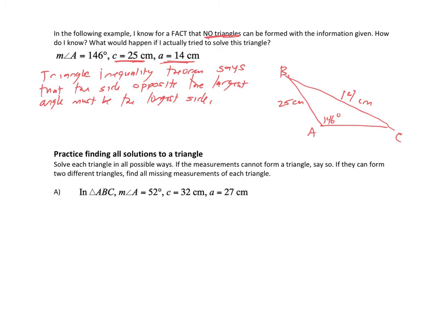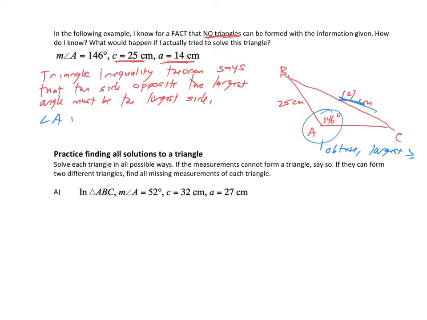But in this case, we know that angle A is the largest angle. So this is obtuse, so it's the largest angle, but 14 is less than 25. So we know that this is not a triangle.